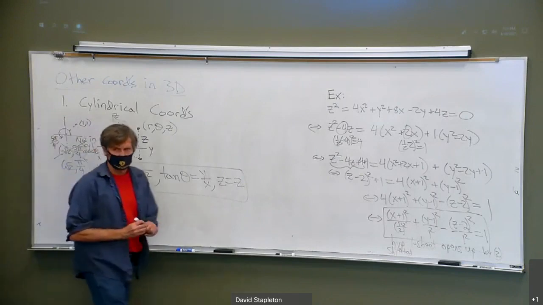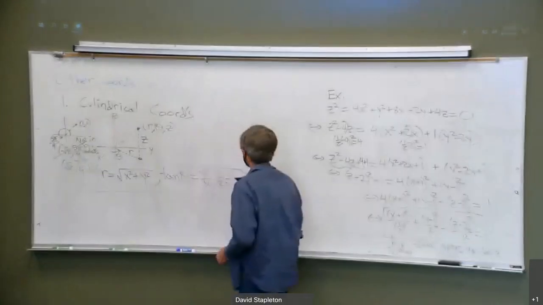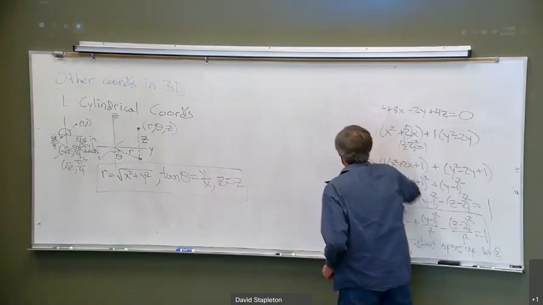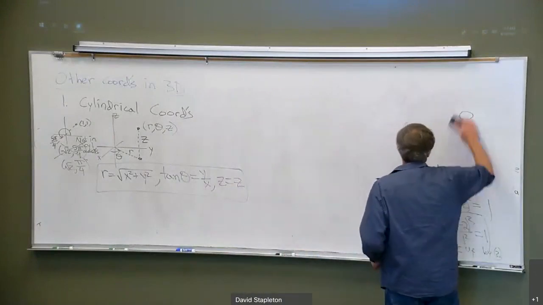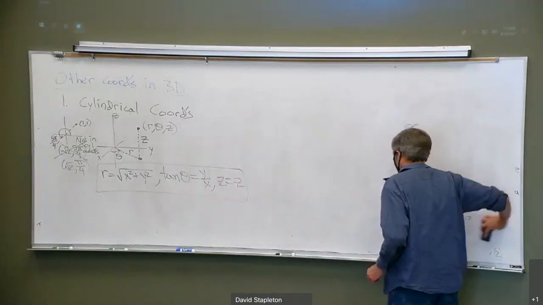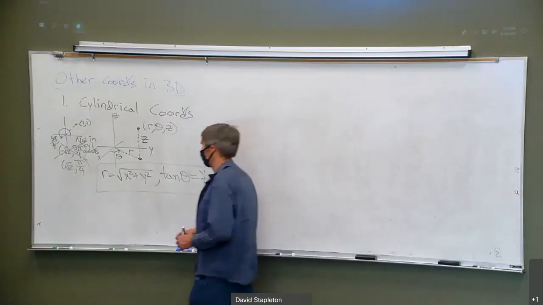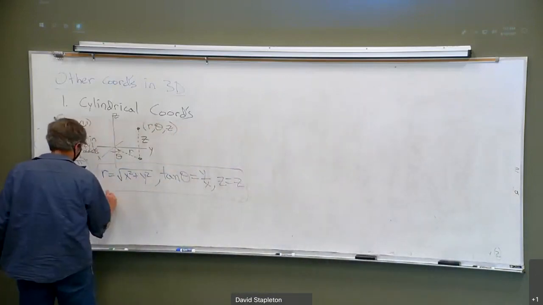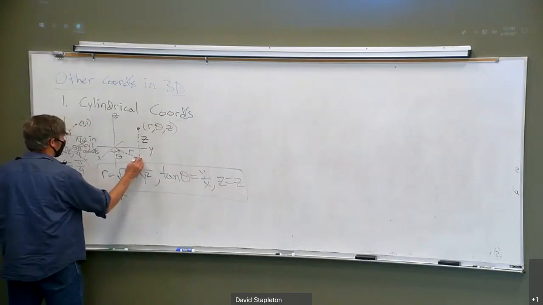So let's try an example for that one, and I think you'll see how easy this is. We also need to convert these the other way. As you might guess, since in the xy plane it's just polar coordinates, once again, x is r cosine theta. You can drop the perpendicular here, right?